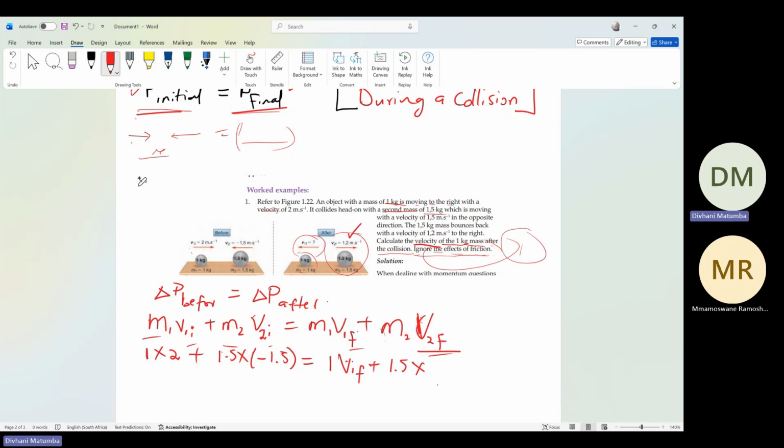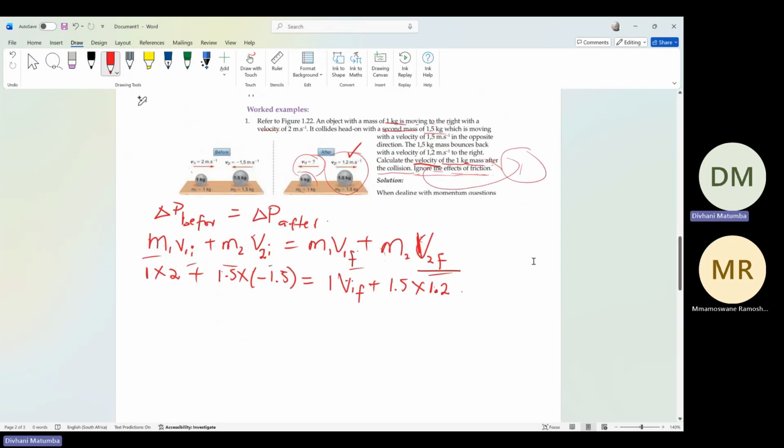Object 2 is now moving in a positive direction at a speed of 1.2 meters per second. So 1 times 2 will give us 2.